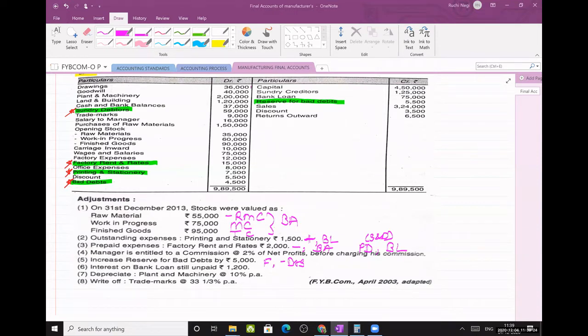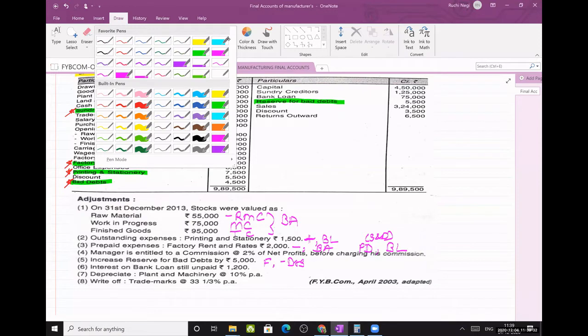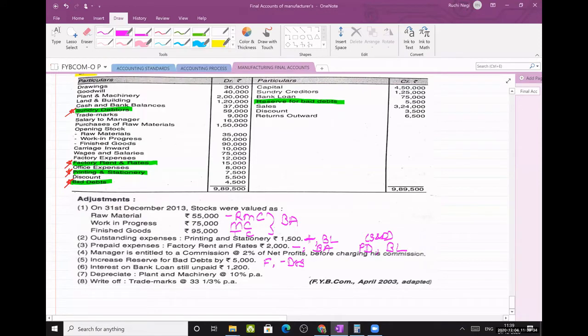Interest on bank loan still unpaid. Interest on loan is still unpaid, right? Check in the question, interest on loan is not given. So what will its two effects be? P&L debit under the heading interest on loan, which is a financial expense.